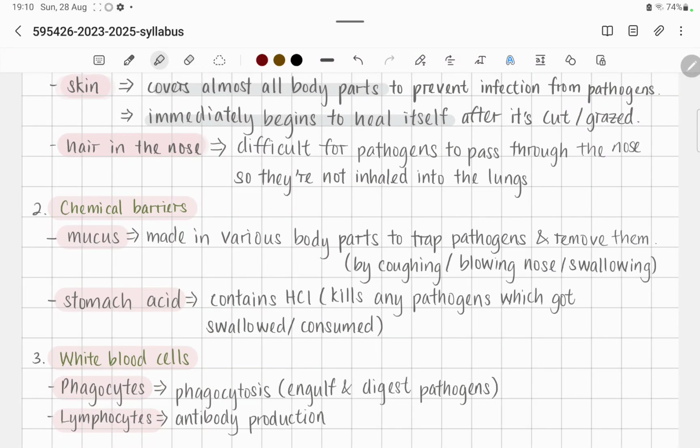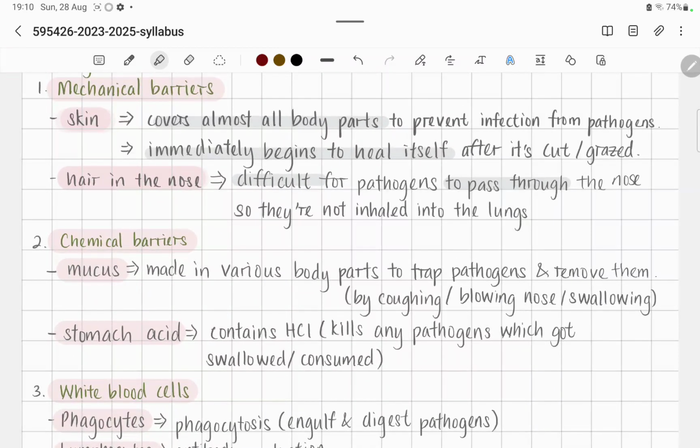Hair in the nose makes it difficult for pathogens to pass through so that they are not inhaled into the lungs.